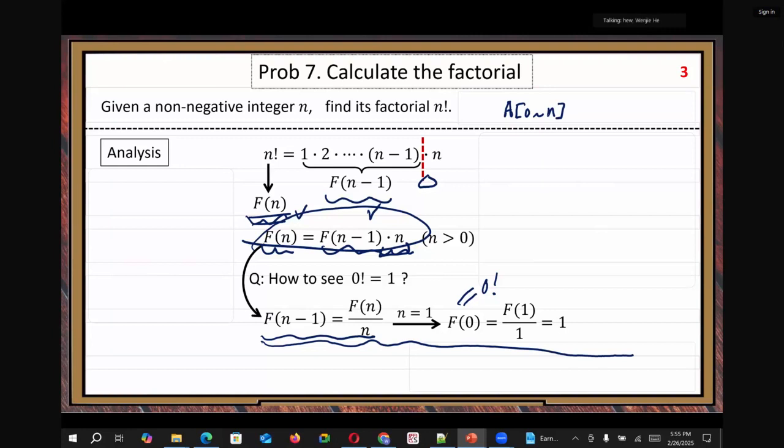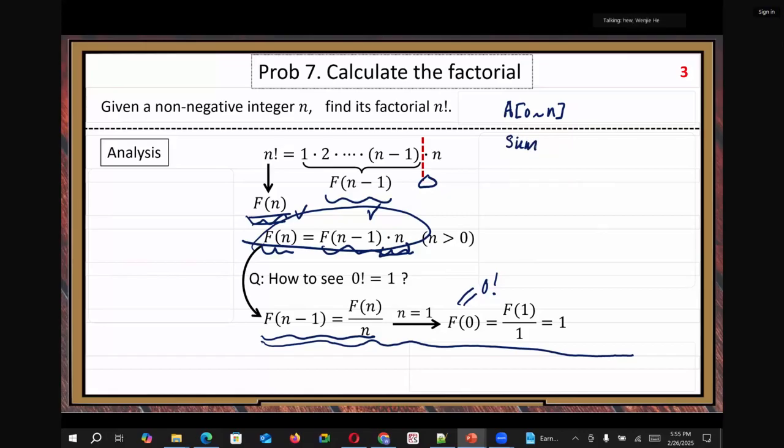If I ask you to do summation of all the elements in this array, the usual method is to use a sum variable.